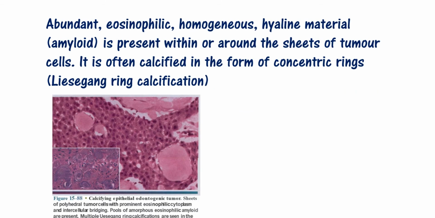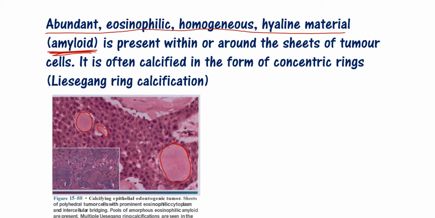Then one more thing that you need to know is that there is presence of abundant eosinophilic homogeneous hyaline material. If you see this image, these are eosinophilic homogeneous hyaline material, that is also called as amyloid, present within or around the sheets of the tumor cells.